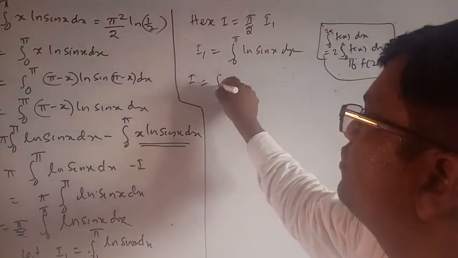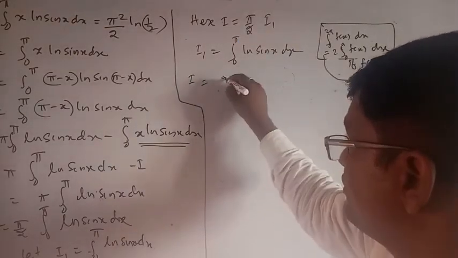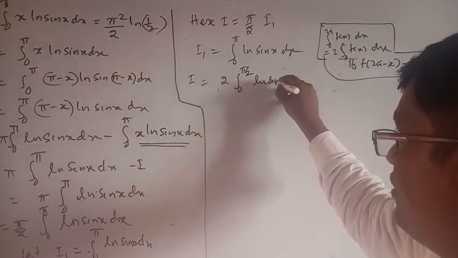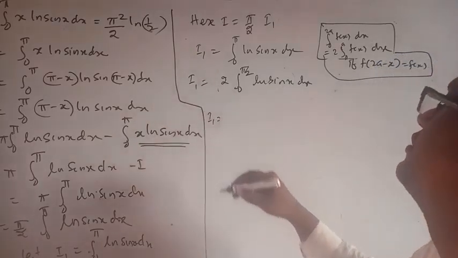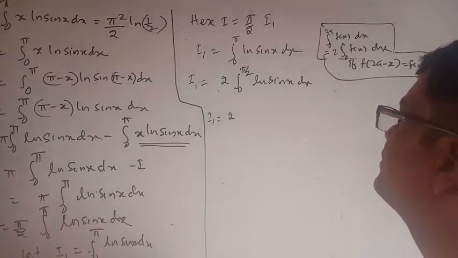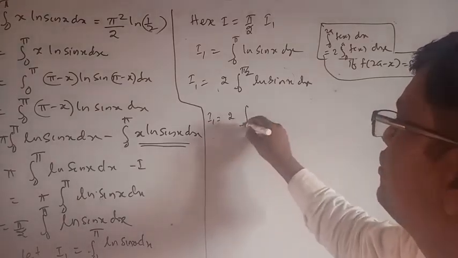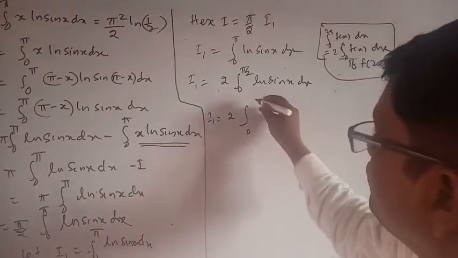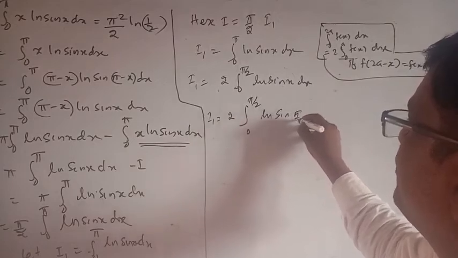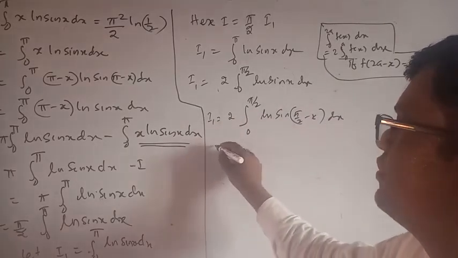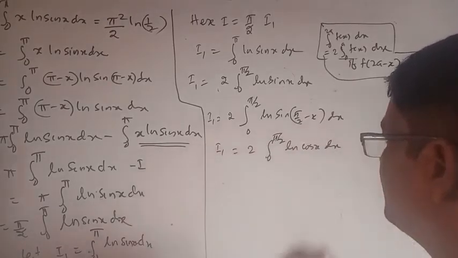So I1 is equal to 2 times the integral from 0 to pi by 2 of log sin x dx. Using the fifth property, log sin of pi by 2 minus x, so I1 is equal to the integral from 0 to pi by 2 of log cos x dx.